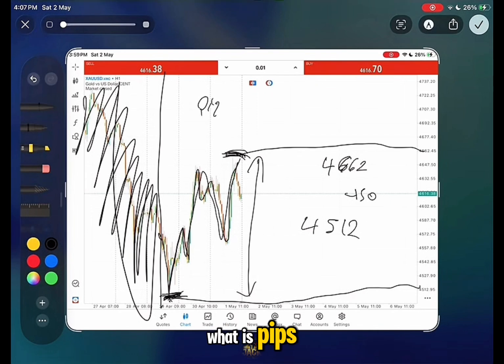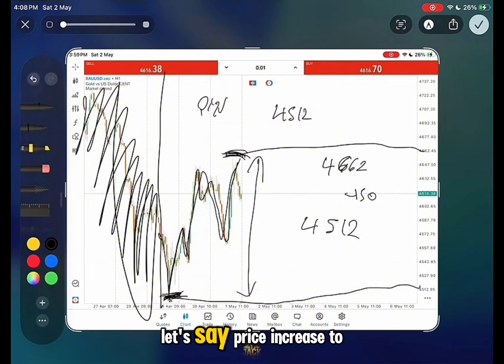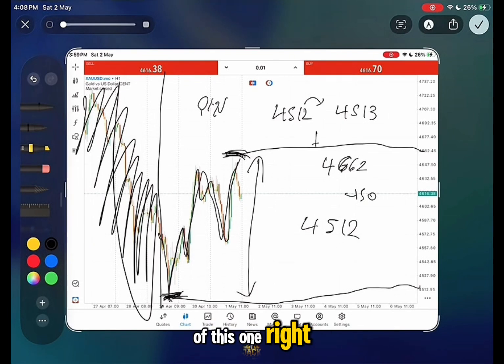Now what is pips? Okay, 4512. Let's say price increases to 4513. What is the change? 1, right? I'm going to give you a simple rule. Each pair is different. We are currently focusing on gold, so I'm going to tell you the price range of gold. This is 1, correct?